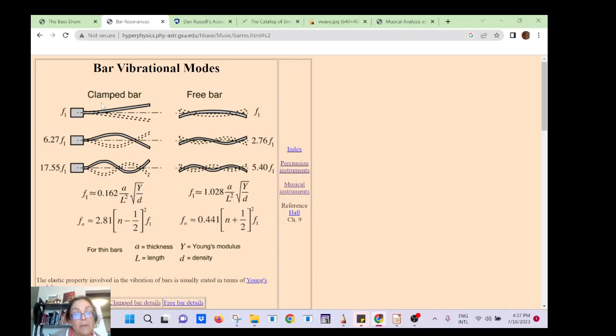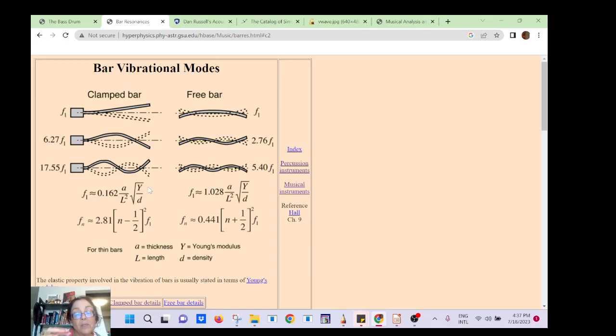So of course, if the density is larger, so you have more inertia, the speed will be smaller. And the Young's modulus has to do with the restoring force. So if you have a large Young's modulus, that means the restoring force will be more efficient.